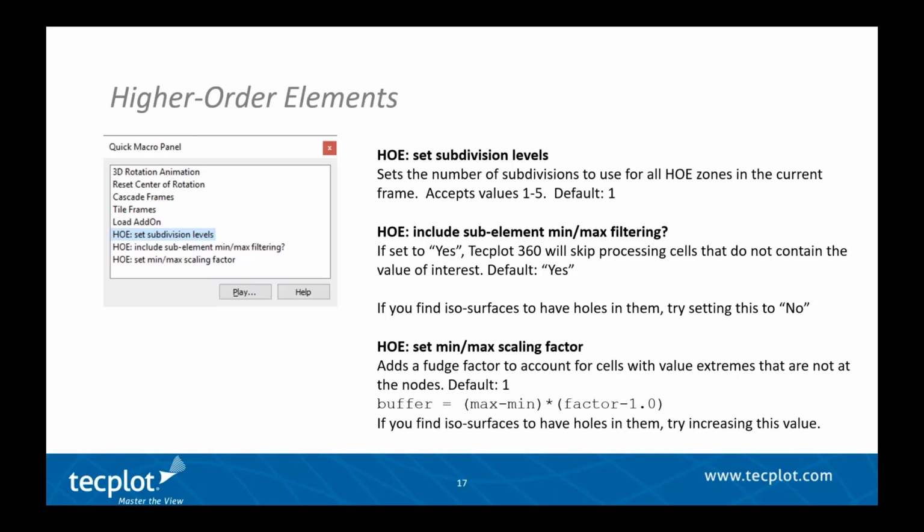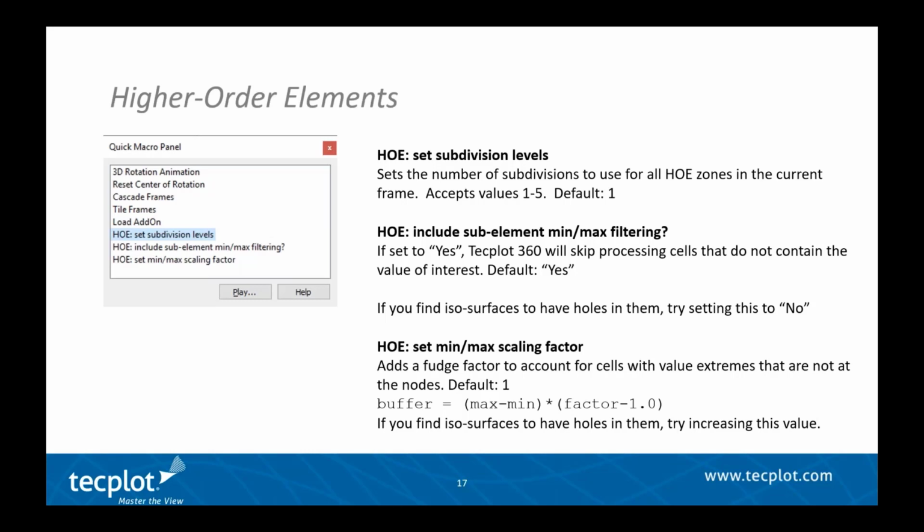So in order to account for that, we've also added this min-max scaling factor. The default is 1, so we're effectively using just the values at the nodes. What we do is add a buffer to the minimum and maximum values found on those nodes based on this factor. A value of 1 effectively adds no buffer at all, so in this case you might have holes in isosurfaces, and I'll demonstrate this as well.